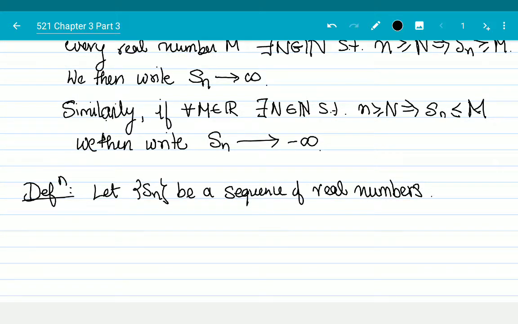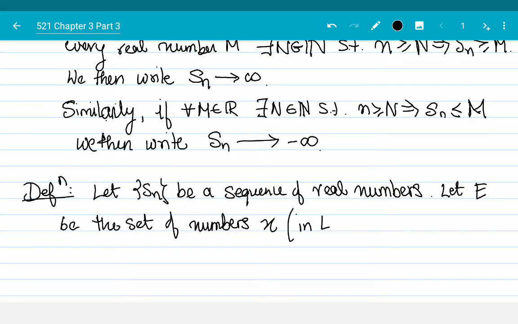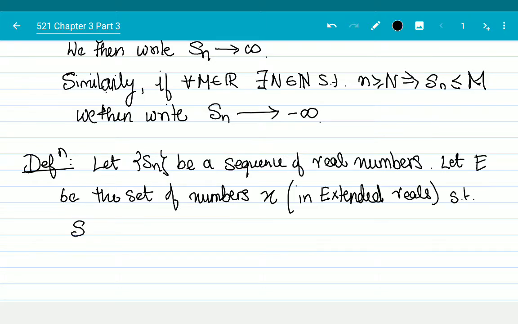Let E be the set of numbers x in the extended reals such that Snk converges to x for some subsequence Snk of Sn.